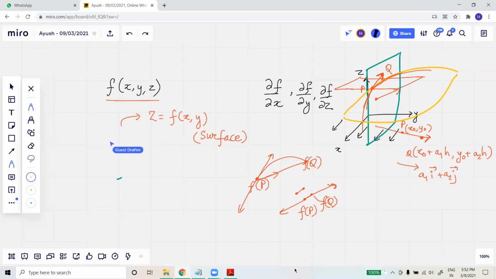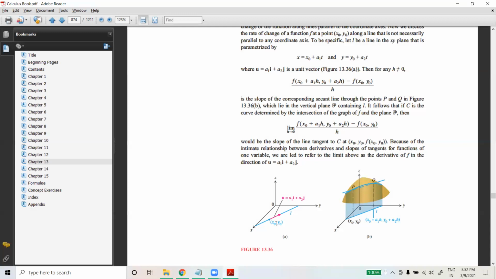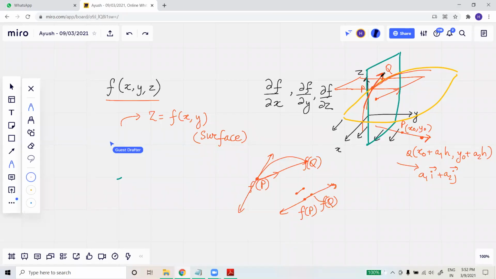So why are they saying that the change between Q and P, essentially f of Q minus f of P divided by h, is like the slope of the tangent line, when that tangent line itself is not necessarily in a horizontal plane?